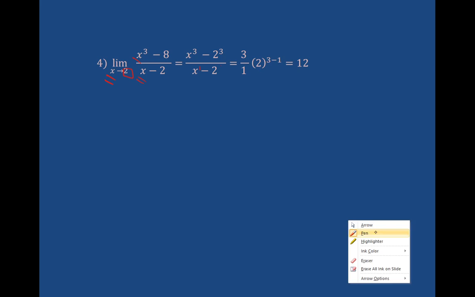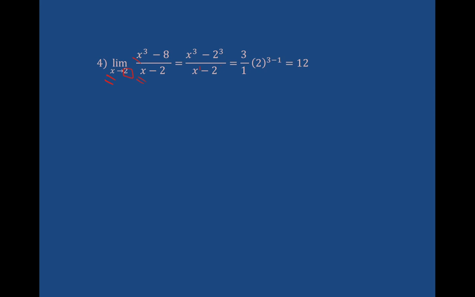Another solution for this problem by using factorization. Limit when x tends to 2. The numerator can be factorized as cubic root of x power 3 equals x, cubic root of 8 equals 2, and here is 2.